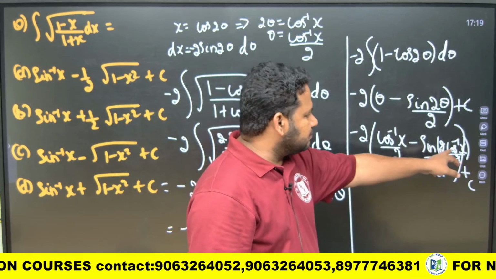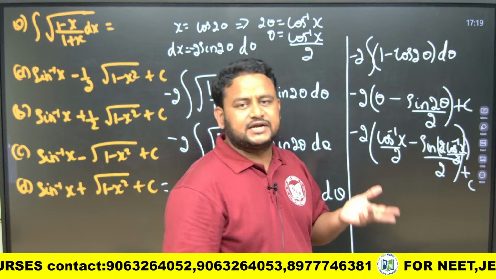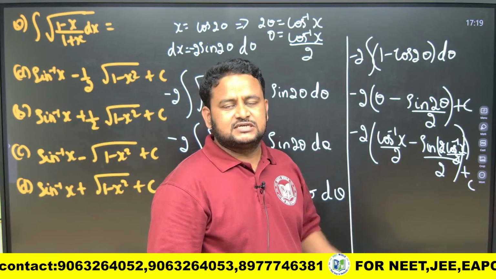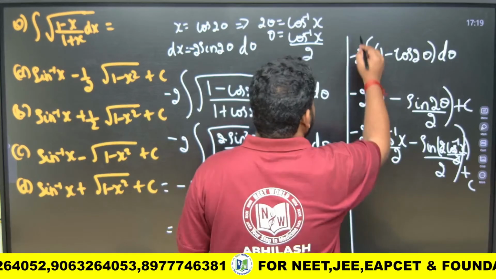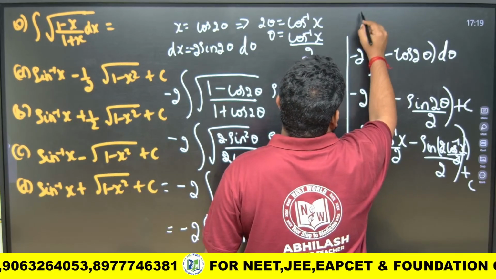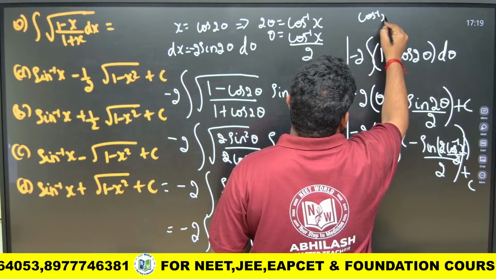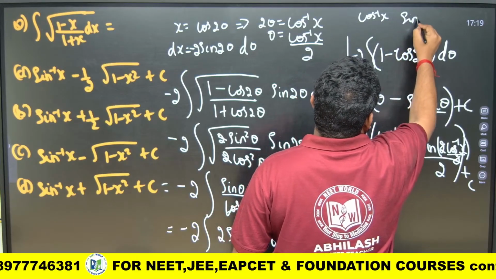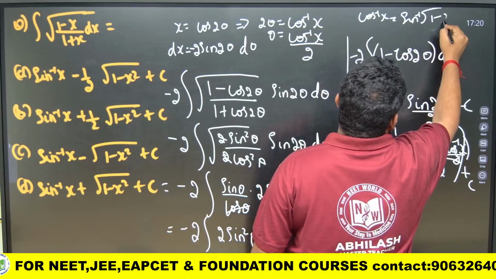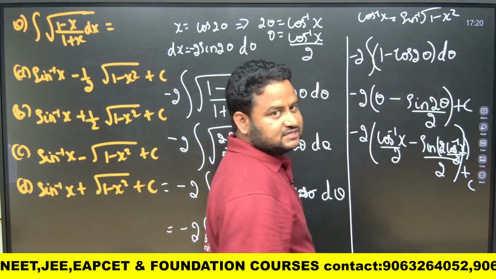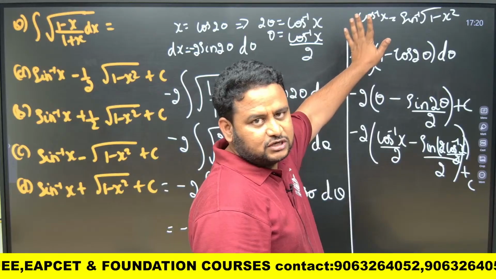Cos inverse of x is equal to sine inverse of square root of 1 minus x square. That is what we know by our knowledge of inverse trigonometry.